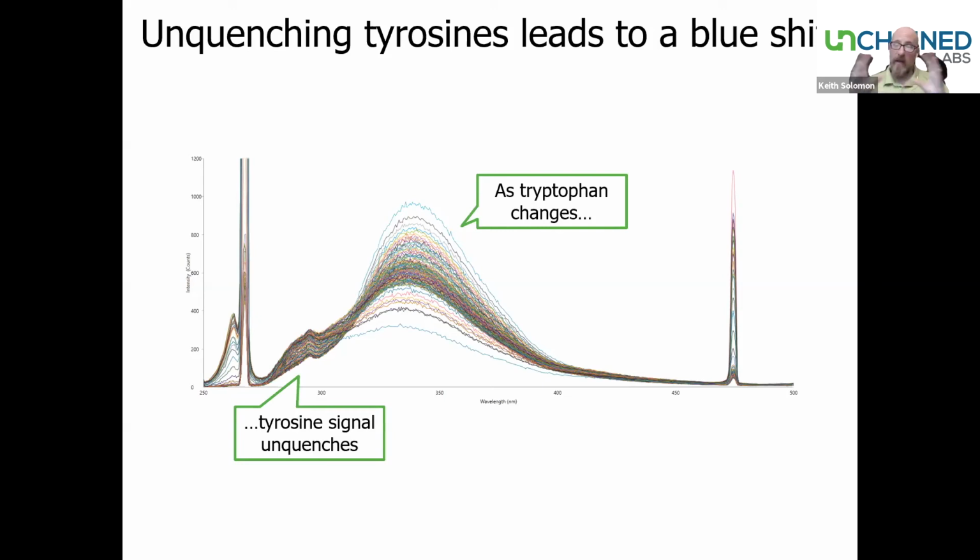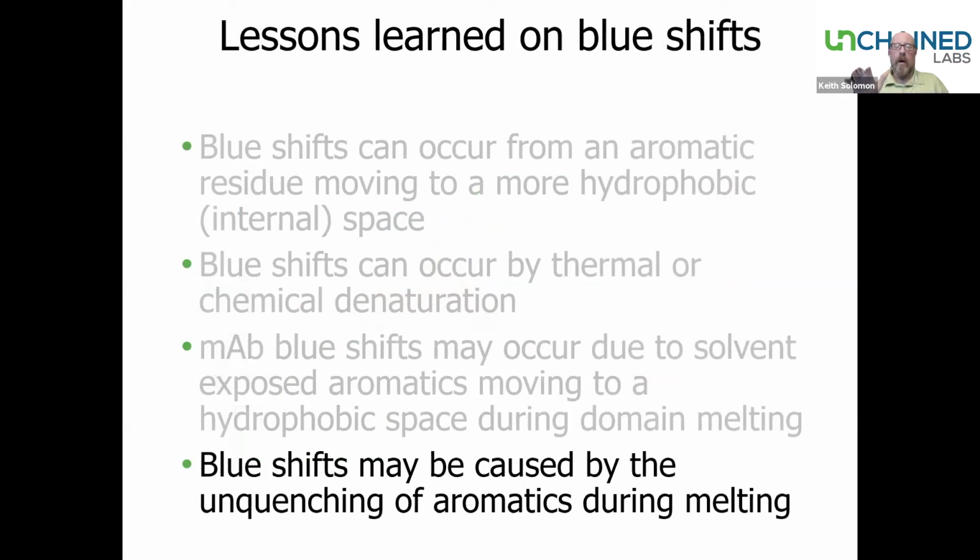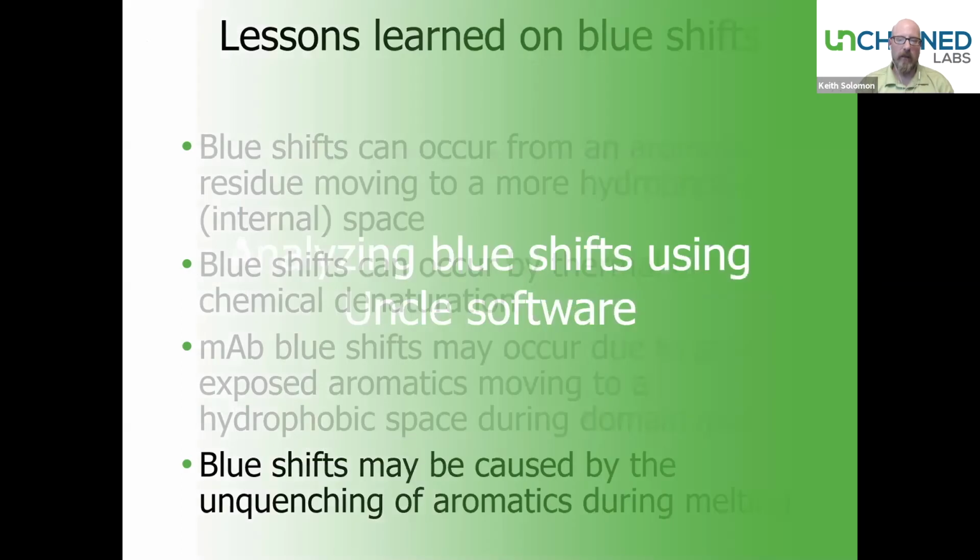There are several phenomena which can lead to blue shifts. The change in position of the aromatics from a more solvent-exposed to a more hydrophobic space can result in a blue shift, but unquenching of tyrosines during melting may also result in a blue shift.